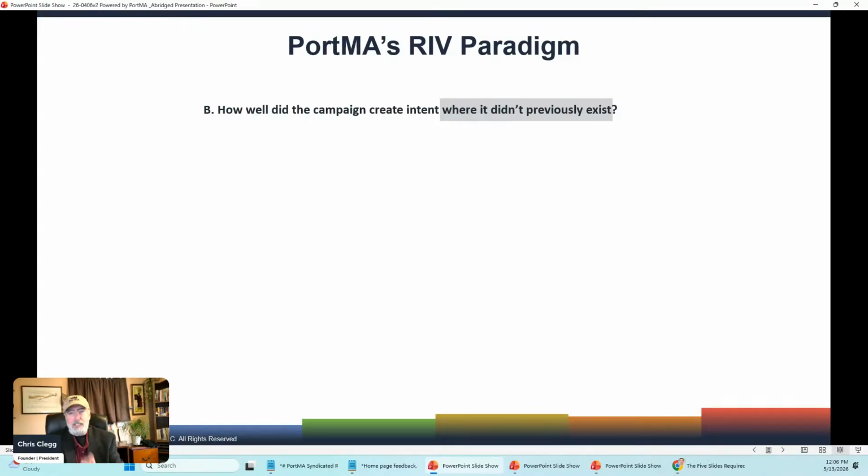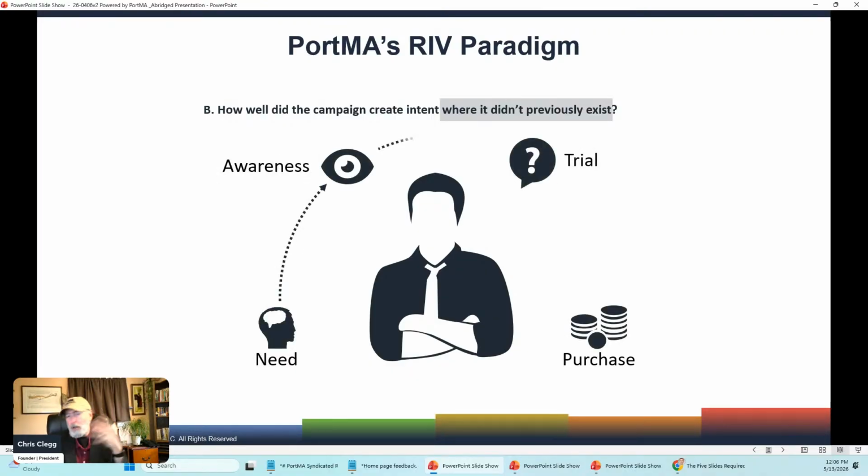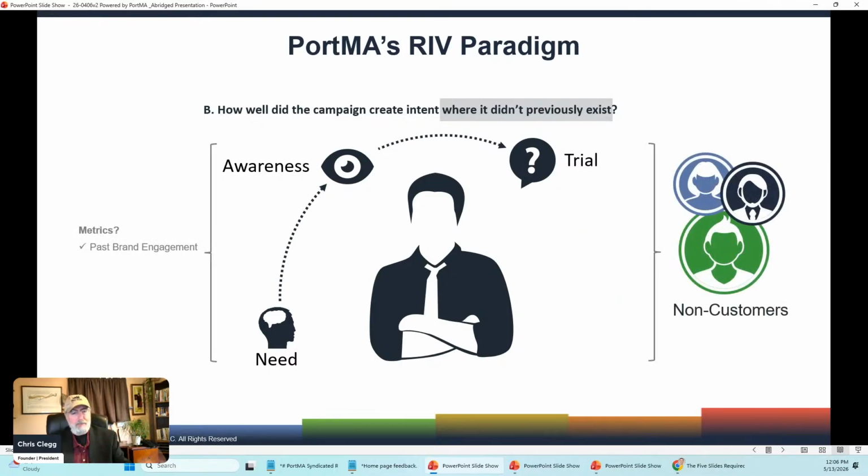And so we have to have a simple way to identify where this impact didn't previously exist. And we can do that based on their brand history, based on their previous relationship to the brand. And it's a little ultra conservative to do it this way, but we can look at the brand cycle of need, awareness, trial, and purchase, and we can simply remove those that don't currently buy the brand.